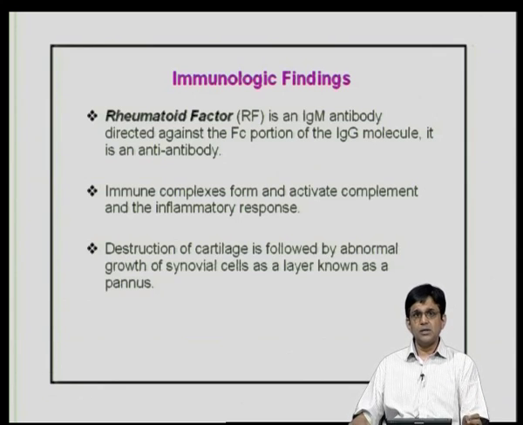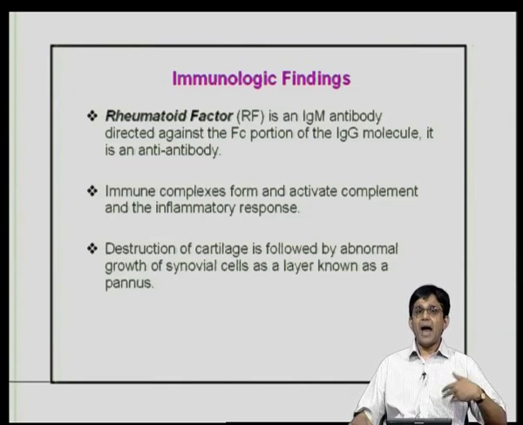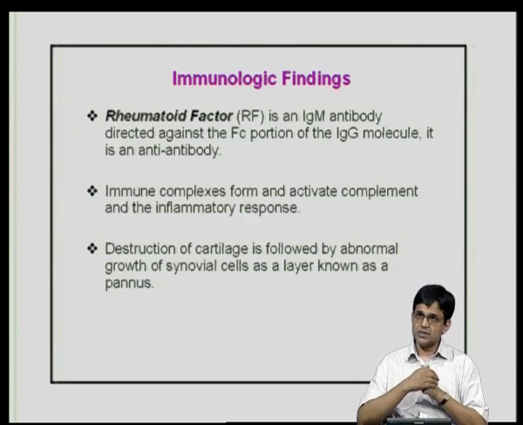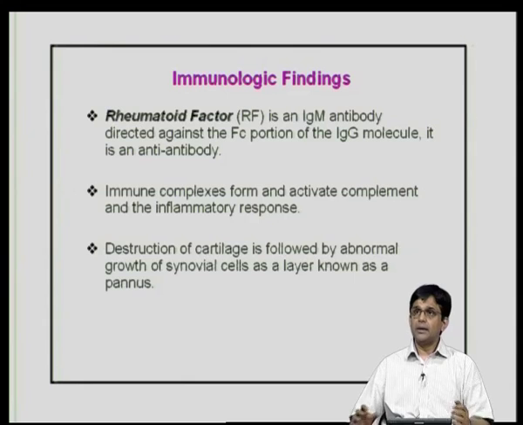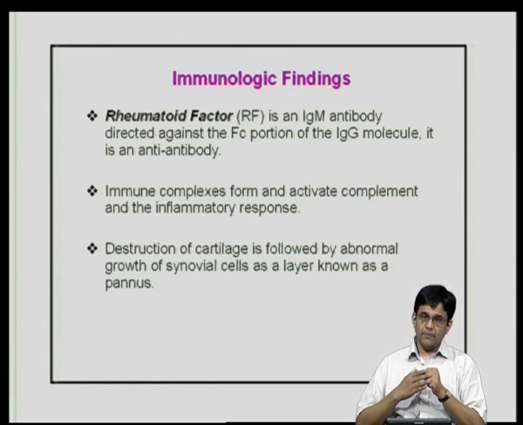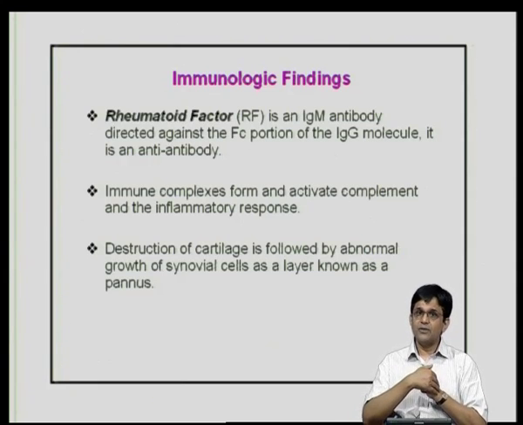Now, as was mentioned, immune complexes activate complement, followed by the inflammatory reaction, and this is followed by damage. Often what is seen in rheumatoid arthritis is destruction of cartilage. Remember, cartilage is what buffers the bone tissue. Once cartilage is disturbed, you have proliferation of cells that try and take over, which is known as the pannus.